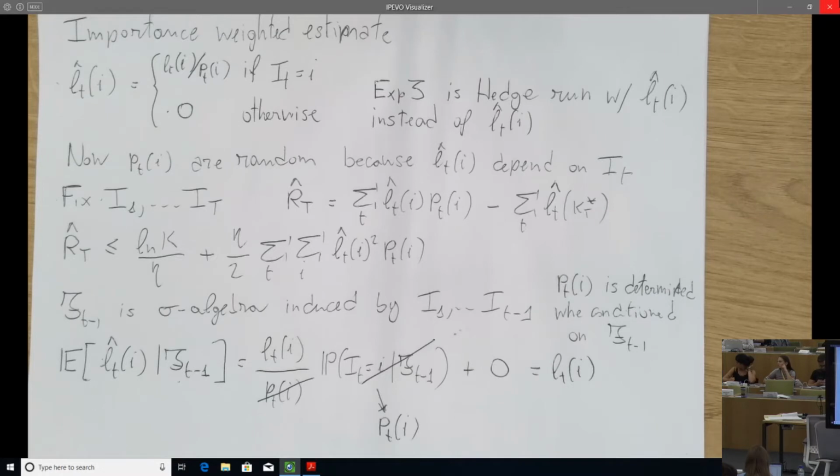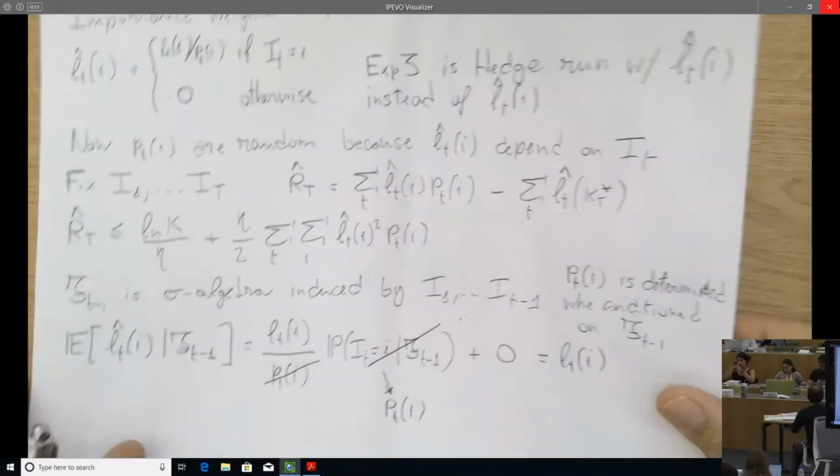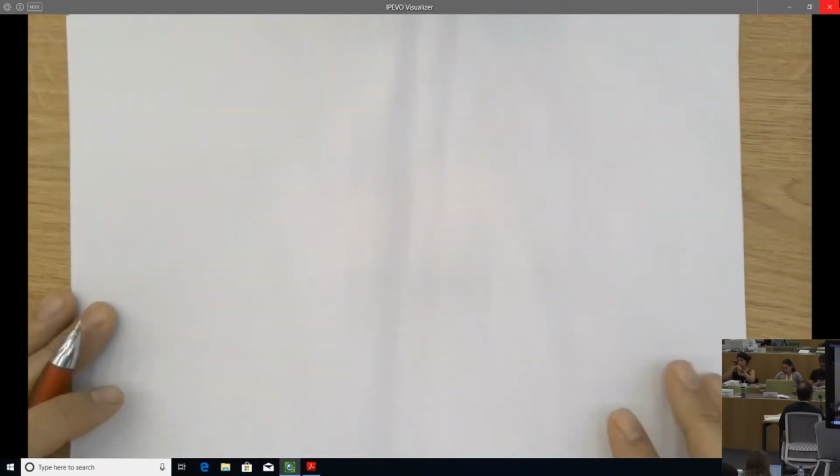So if I fix the past realizations, my probability becomes a deterministic quantity. So I can write it outside of the expectation. Okay, thanks for all these questions, they are helpful.